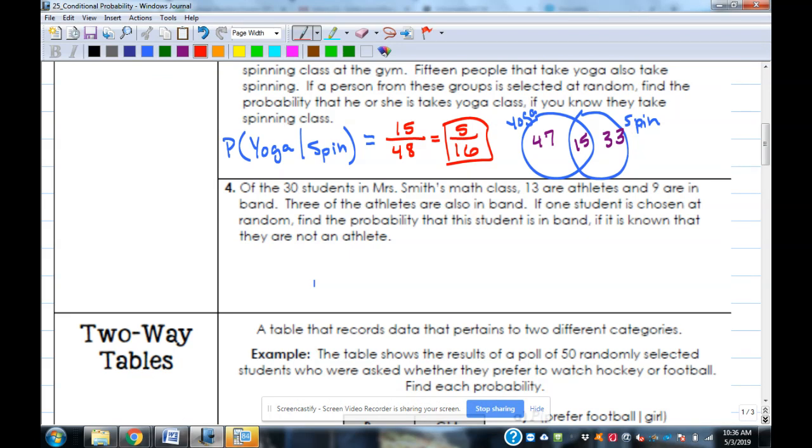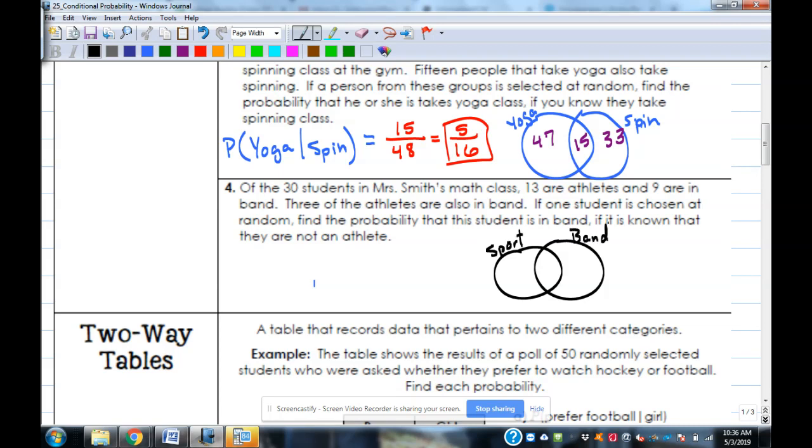The numbers are pretty small. 30 students in Mr. Smith's math class. 13 are athletes, 9 are in band. 3 of the athletes are also in band. If one student is chosen at random, find the probability that the student is in band if it is known that they're not an athlete. So there are some nots in there. So 2 circles, sports and band.